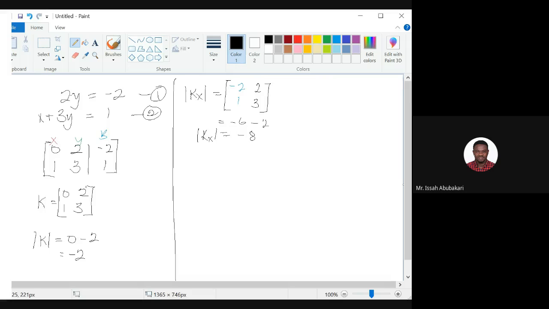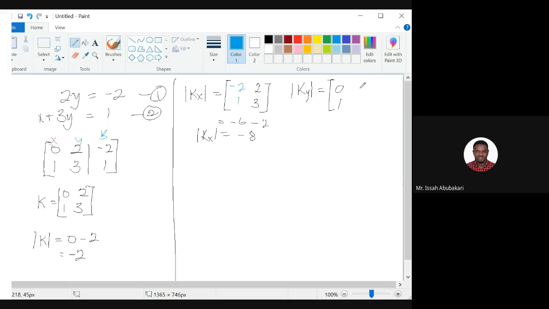And then we find the determinant of Ky. Because we are going to find y, we are not going to write the values of y, but rather write the values of b. So we are going to maintain the values of x, which is 0 and 1. And then the value of y will be written by b.